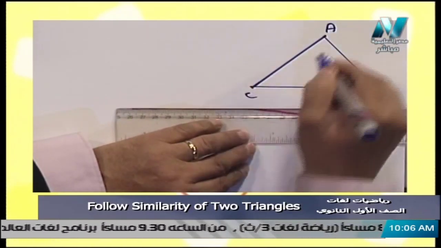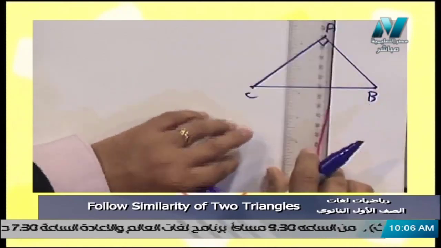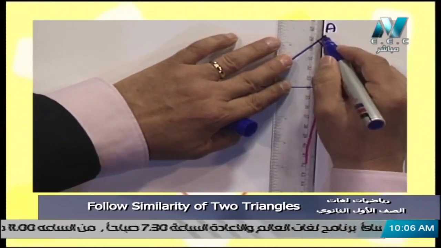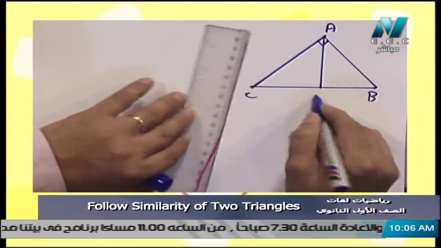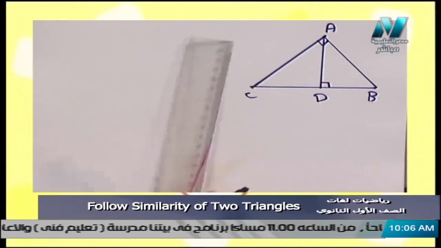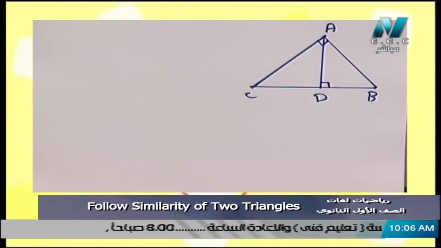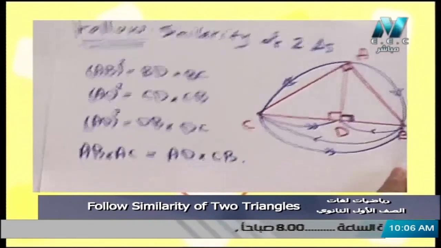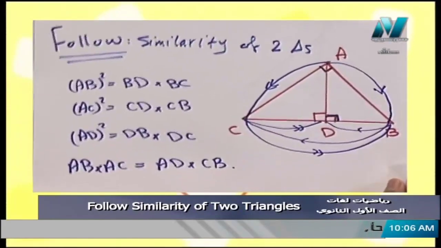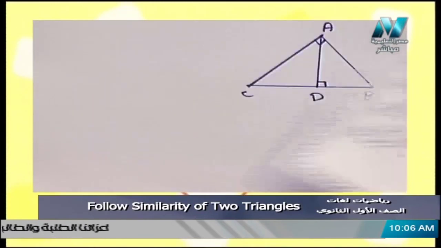ABC is a right angle triangle at A, and we draw AD perpendicular to CB, and we want to prove these 4 rules from it by using similarity.